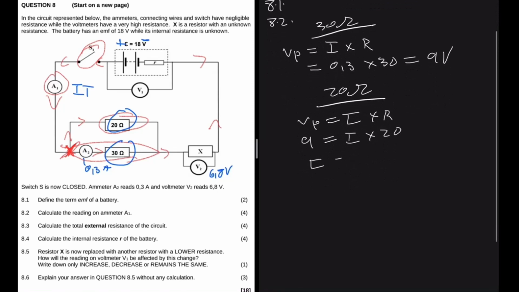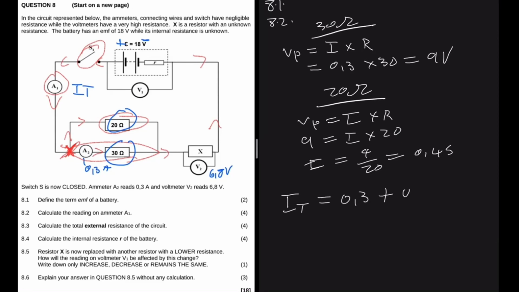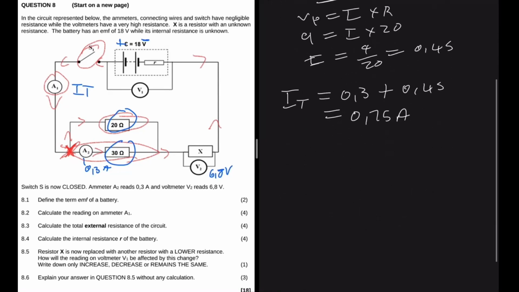So the current will be equal to 9 divided by 20, which is 0.45. Now we know that I total will be equal to 0.3 plus 0.45, which is equal to 0.75 amps. And then now we can move to 8.3.